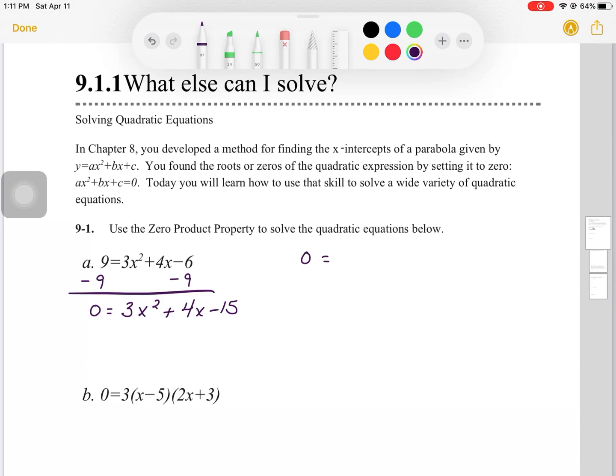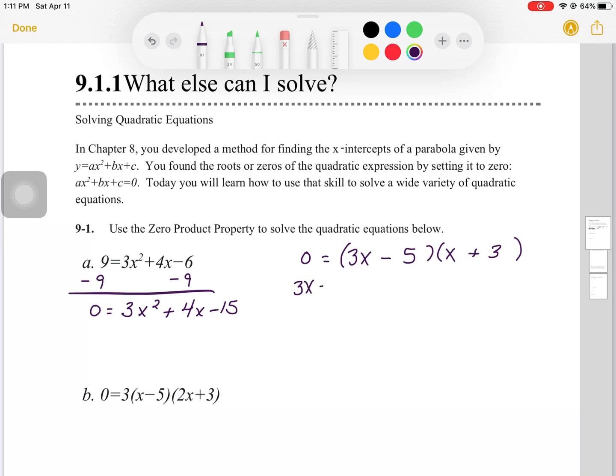Now, this one will probably need the use for some of you of generic rectangles, which is fine. In the interest of time, I'm going to bypass that process, and I'm going to go ahead and just write our 2 factors in. We're going to use 5 and 3. It's going to be 3x minus 5 and x plus 3 as our 2 factors.